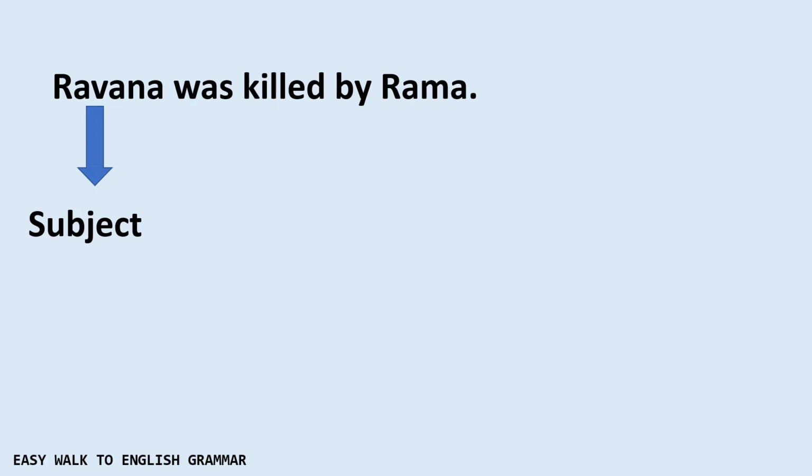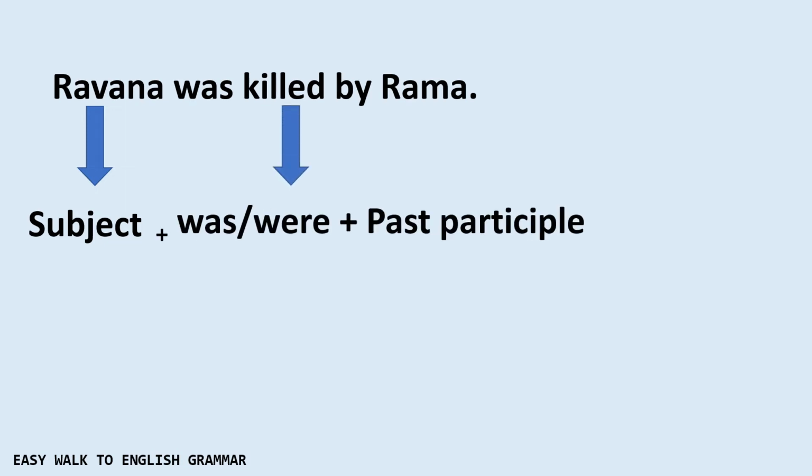Rama killed, this killed will become was killed. So what can we learn from here? We have to add the past tense form of be, was or were, according to the singularity or plurality of the subject.